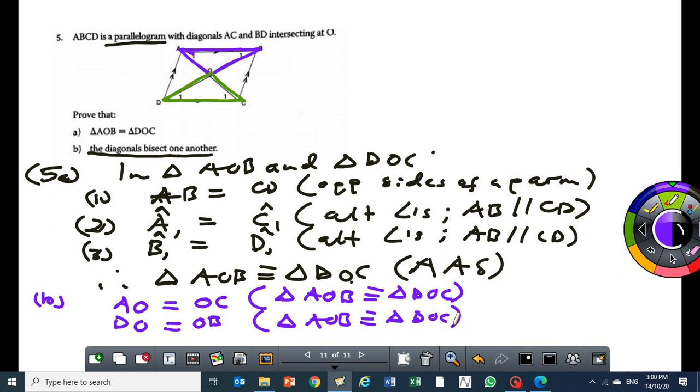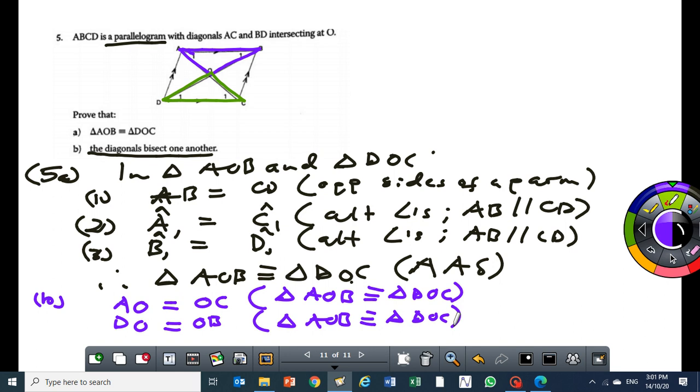Now, because we have got these two pairs of equal sides, it's a sign that the diagonals bisect. What does diagonals bisect mean? It means the diagonals cut each other into two equal parts. So DB is divided into two, that is DO and OB. AC is divided into two, that is AO and OC. Then we are done.